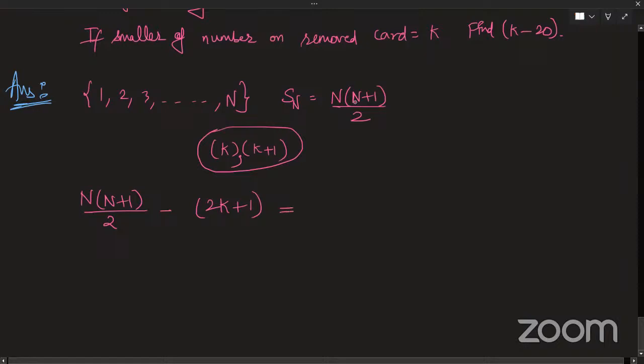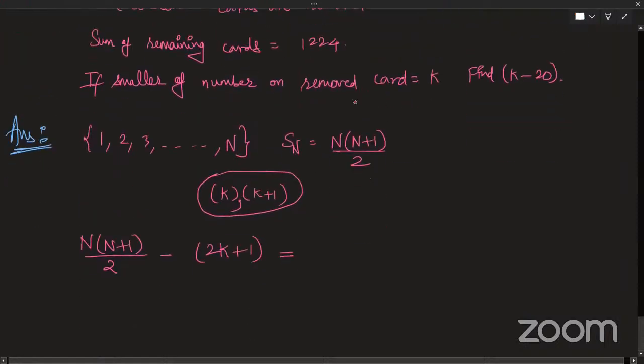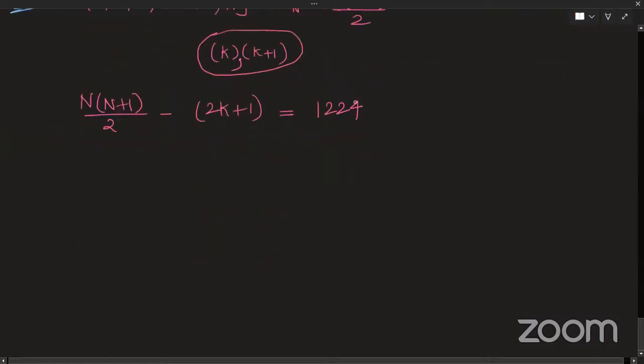After that, the sum that I am getting is 1224. So basically, n into n plus 1 by 2 minus (2k plus 1) is equal to 1224.